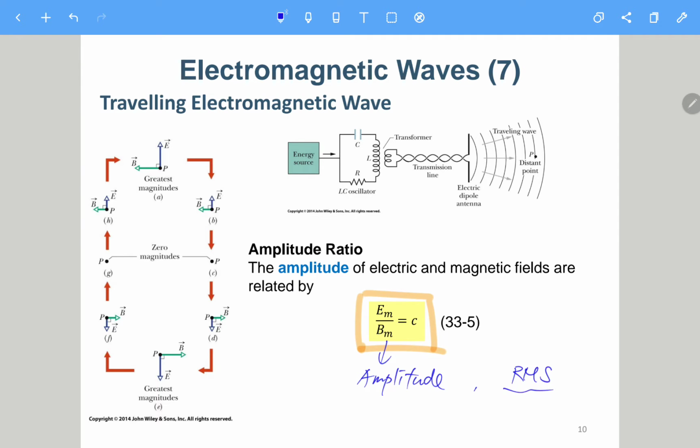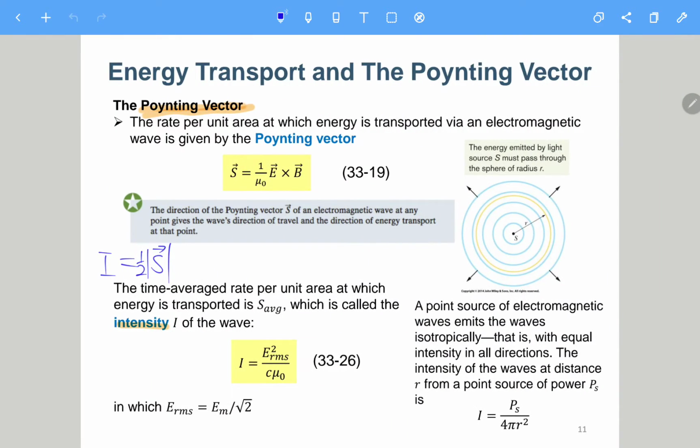The root mean square value is related to the average power. So here, the definition is also talking about the rate per unit area at which energy is transported. It is like the average power. So actually, it will have a 1/2 factor here.